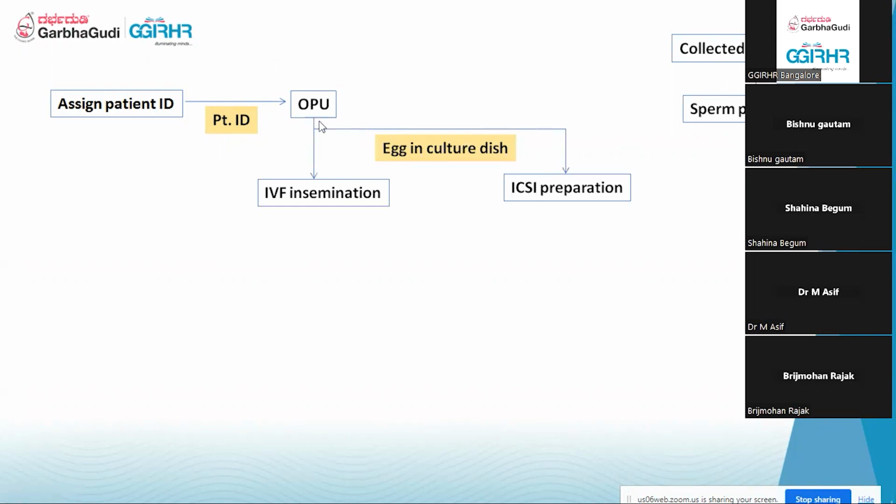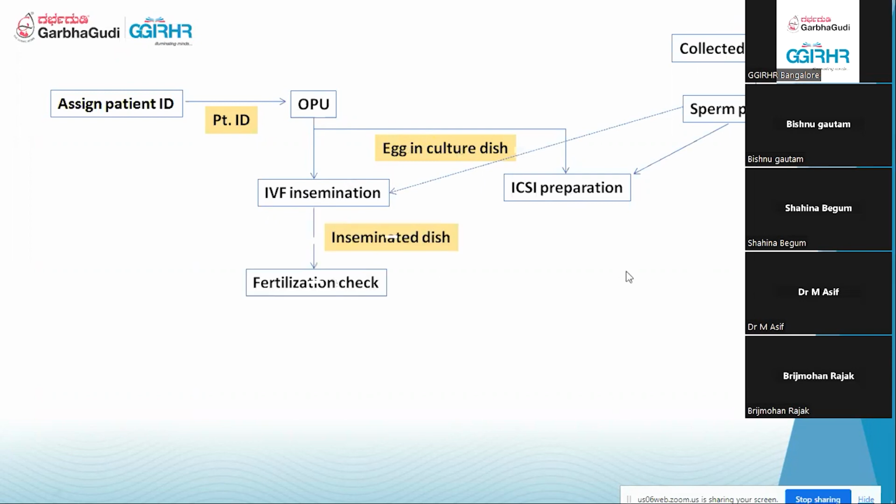After OPU, we can go either for IVF or for the ICSI procedure, and the egg dish where we kept the eggs can be witnessed by the RI witnessing system. Hope we have understood. Then we use the RI witnessed semen sample for either IVF or ICSI. The fertilization check is also witnessed, with the inseminated dish.